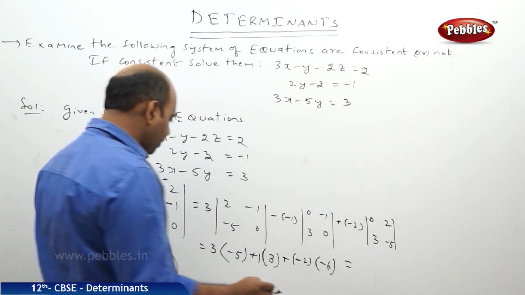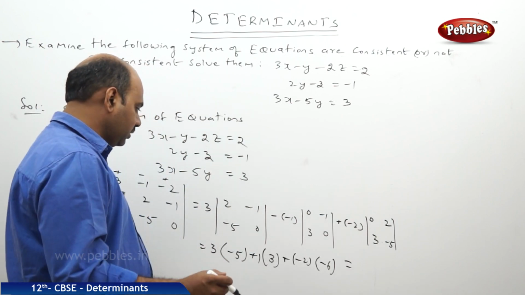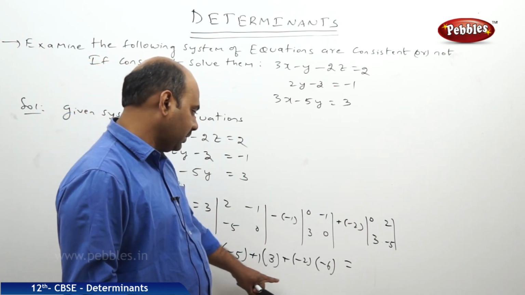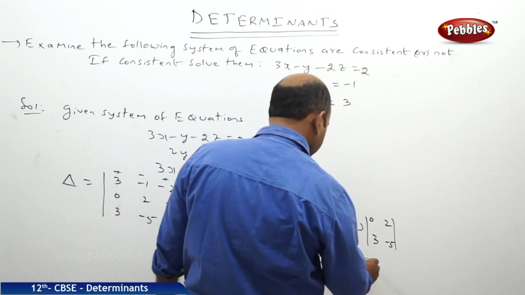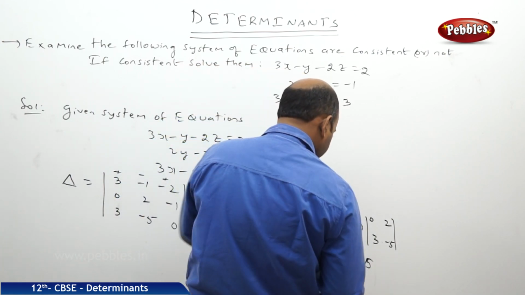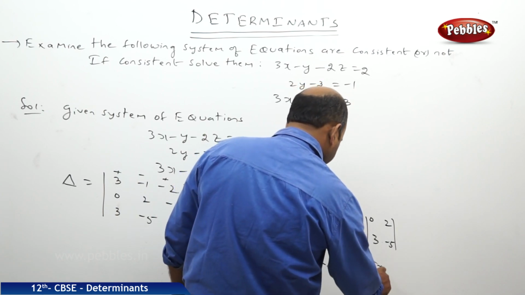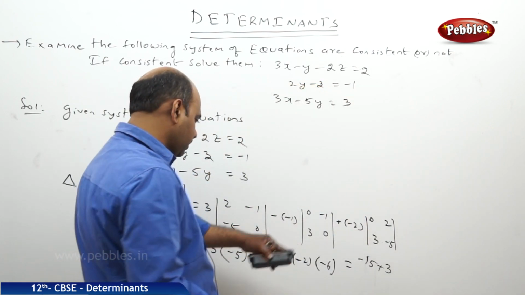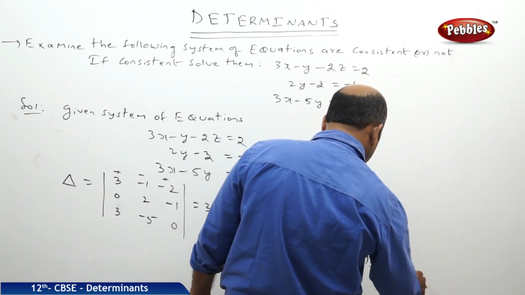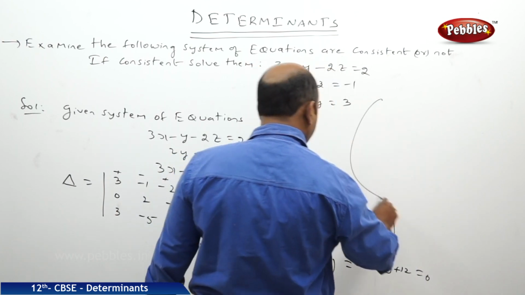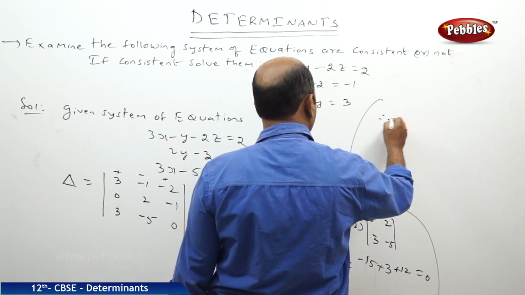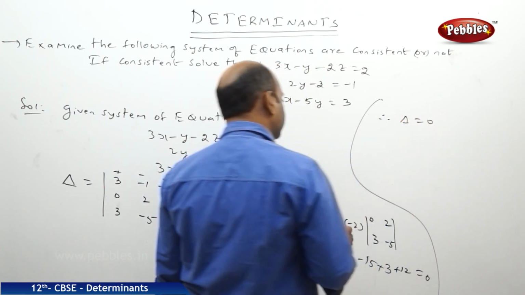Minus 6. So what happens? 3 into minus 5 is minus 15, plus 3, plus 12. I think this will be 0. Therefore finally, clearly delta is equal to 0.